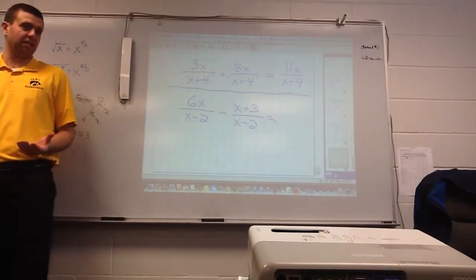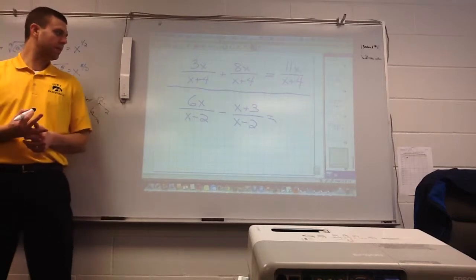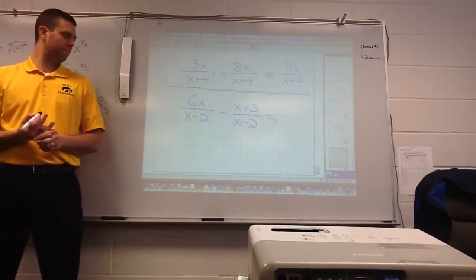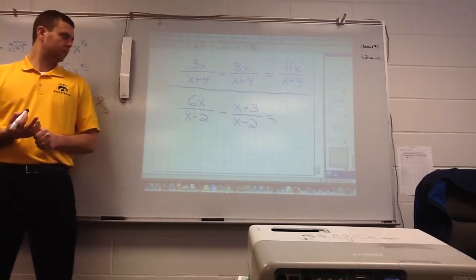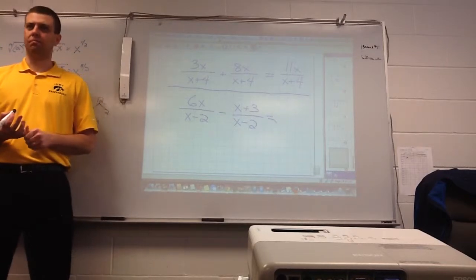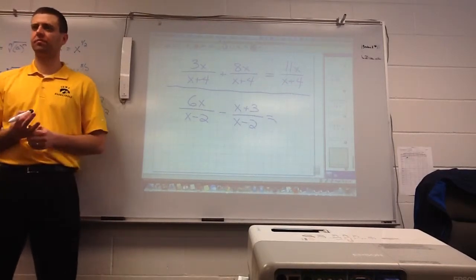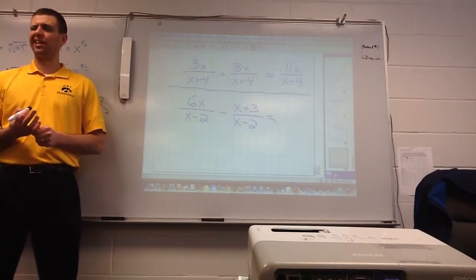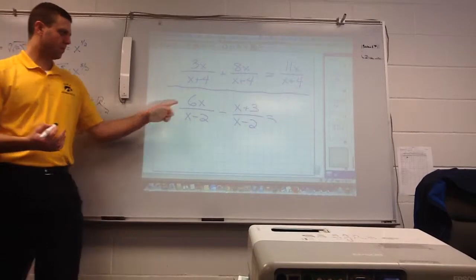Again, they have like denominators, so all you got to do is subtract the numerators over x minus 2. 6x minus x plus 3 is how much? 5x minus 3. Because there's a 1 on the end.